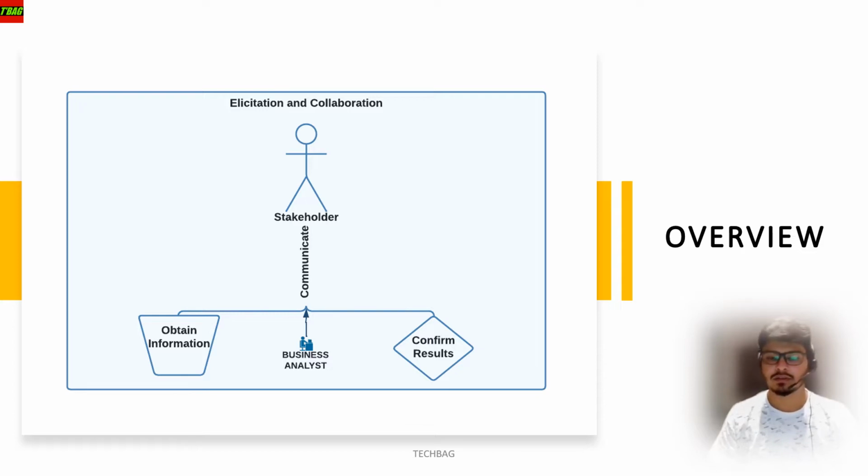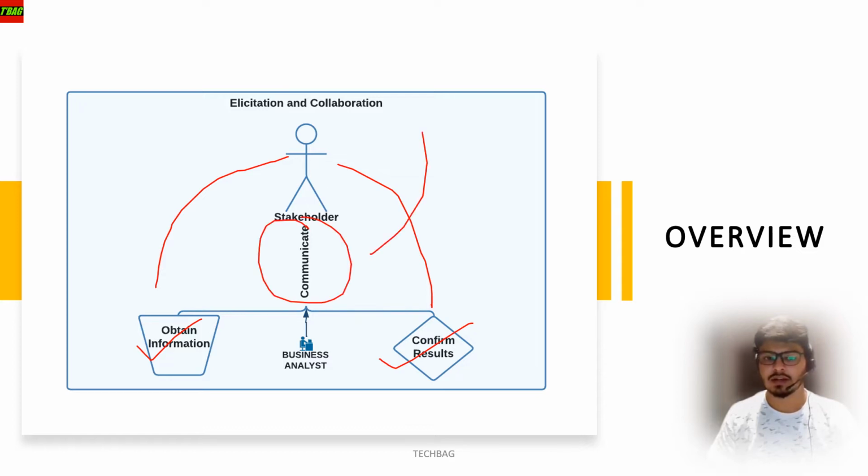So the business analyst's role in elicitation and collaboration is to obtain the information and confirm the results from the stakeholders by communicating with them. The communication part represents the collaboration, and obtaining information and confirming results represent the elicitation.